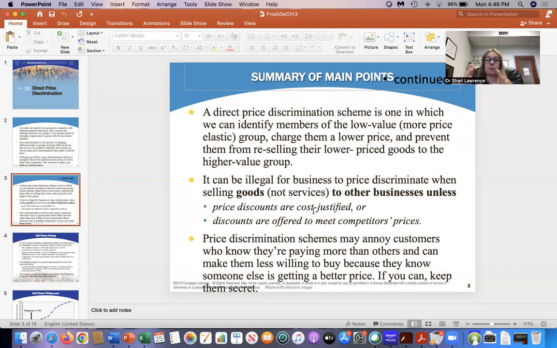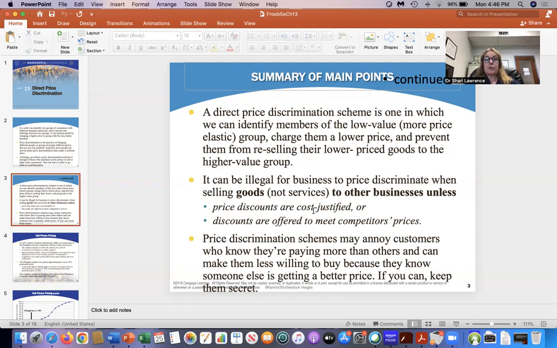You can't arbitrarily charge this business one price and that business another price. This is actually a law, and we're going to talk about it later in the chapter. It was a law basically to prevent small businesses from being put out of business. Think about a small hardware store that has to pay a much higher price than a larger store.